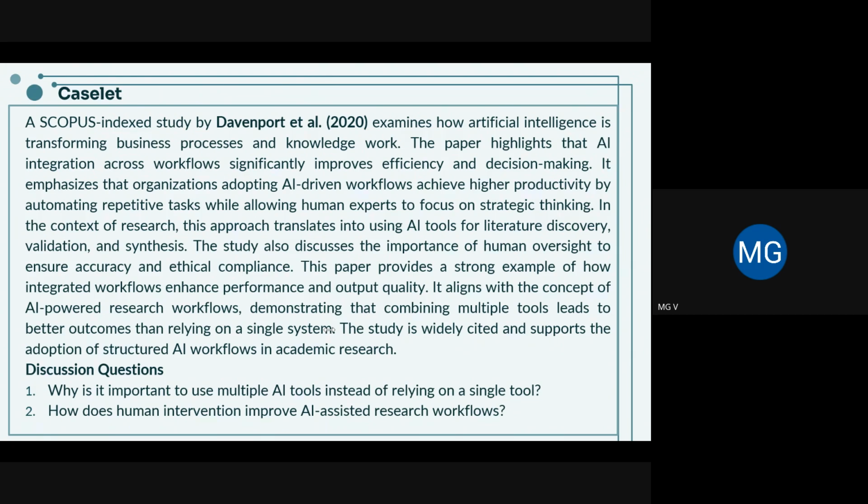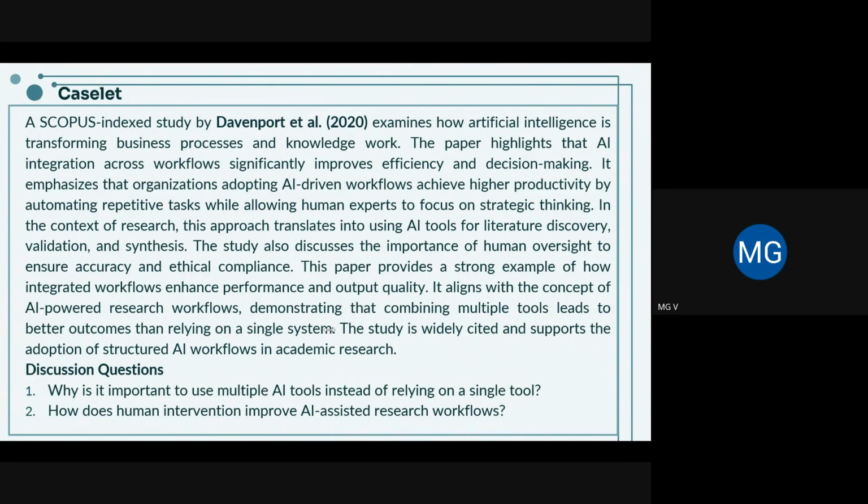A Scopus-indexed study by Davenport et al., 2020 examines how AI is transforming business processes and knowledge work. The paper highlights that AI integration across workflows significantly improves efficiency and decision making. It emphasizes that organizations adopting AI-driven workflows achieve higher productivity by automating repetitive tasks while allowing human experts to focus on strategic thinking.